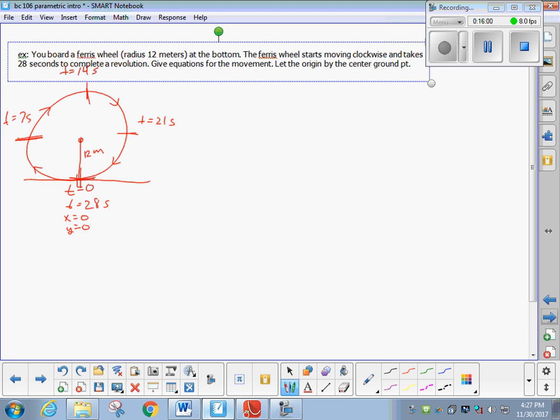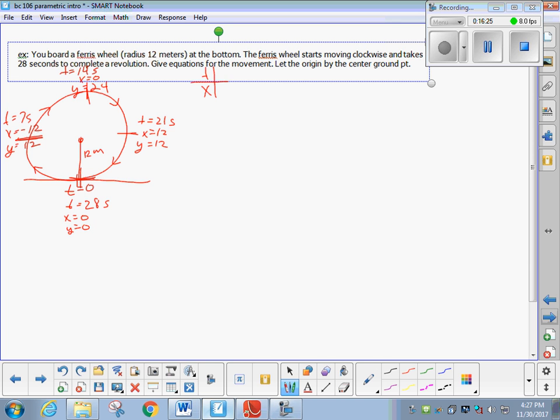The x's and y's are negative 12, 0, and 12 for the x's, and 12, 24, and 12 for the y's. With those important parts, some people skip the table and go straight to the graph, and that's fine. I'll show the table.